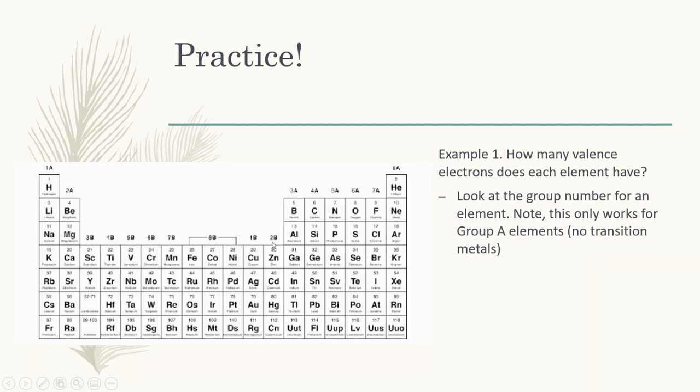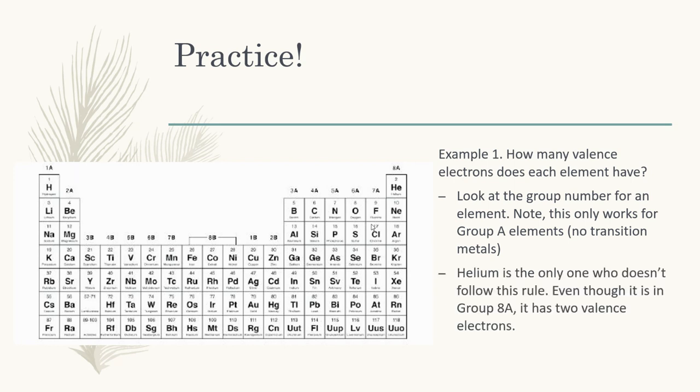It continues on, but there's a distinction between group A and group B. This method only works for group A elements, no transition metals. Remember, transition metals are weird. They can choose how many valence electrons they have on a certain day. They can have 2, 3, however many they want, whereas group A elements are rigid in that they have a specific number of valence electrons no matter what.